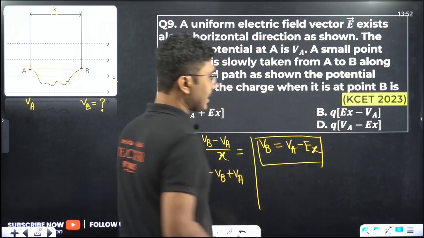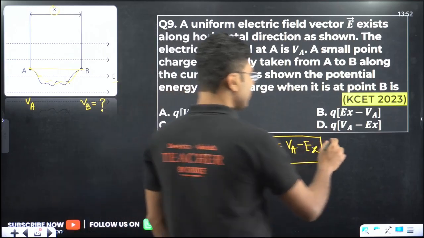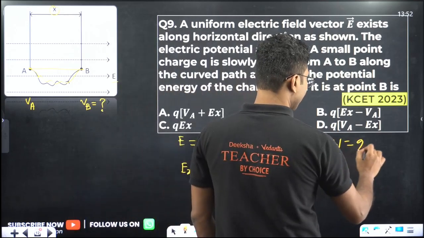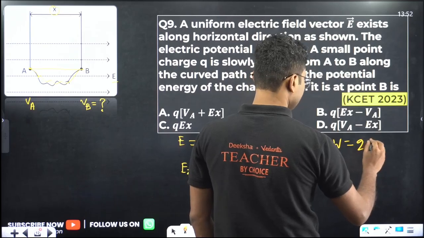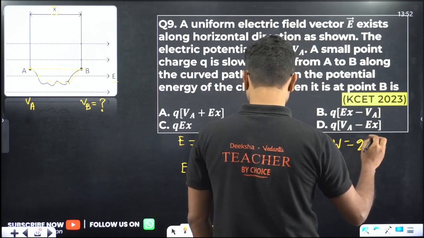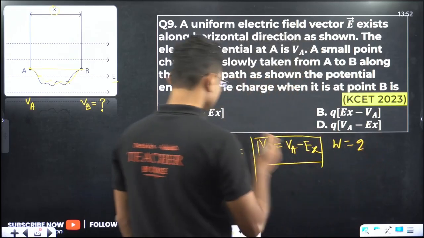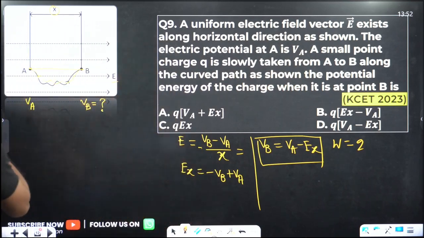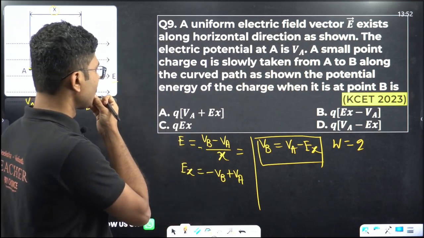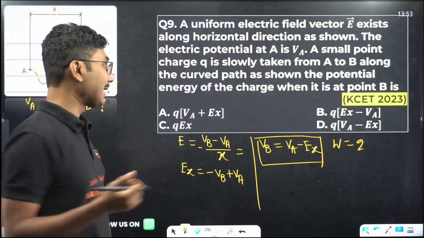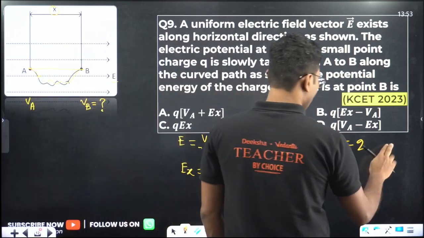So the correct answer. Work done to move the charge is basically q into... okay, we have to calculate the energy, not work done, sorry.